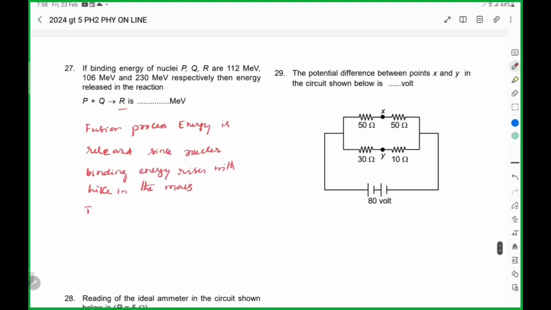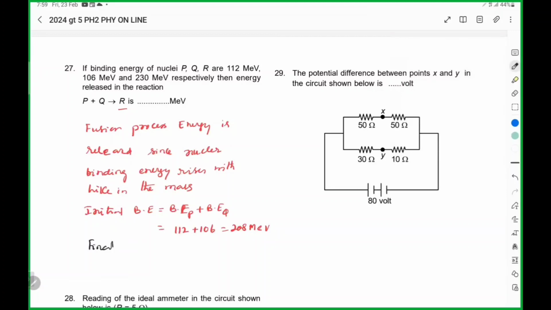So here, initial binding energy is binding energy of P plus binding energy of Q, that is 112 plus 106, 208 million electron volts.